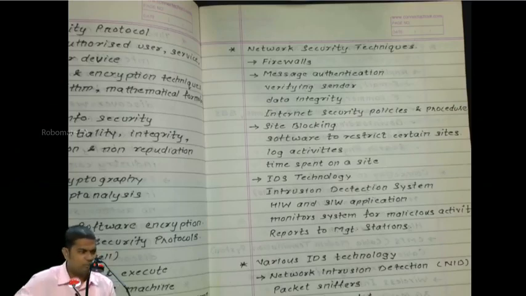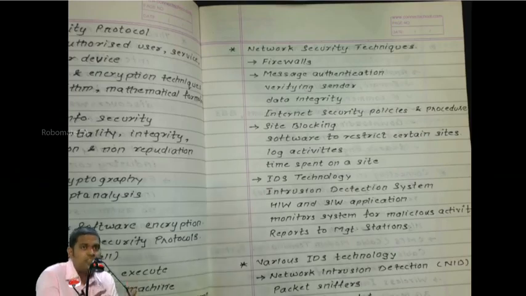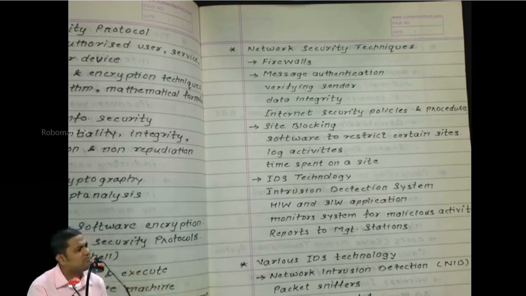Now this is a software which is normally used by corporates for blocking some unwanted sites. While working in a company, obviously everyone should be dedicated to work, but there are a few people who will access YouTube. Then they will be accessing different videos which are not to be seen when you are working with the company. They'll be watching movies.